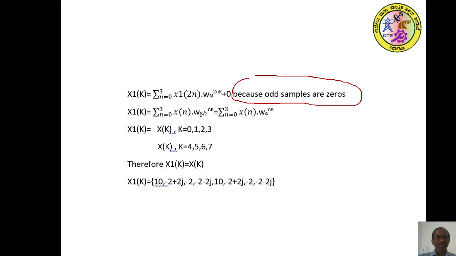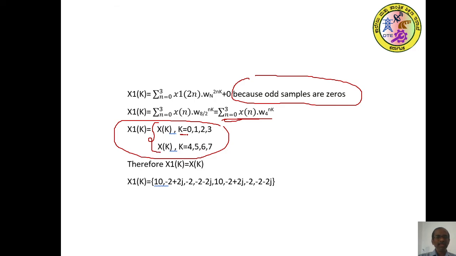In this capital N, I'll put 8, I'll bring this 2 here, and simplify this. It looks like the 100% DFT formula. Very simple answer: x1 of k is equal to x of k itself in positions 0, 1, 2, 3, as well as 4, 5, 6, 7.